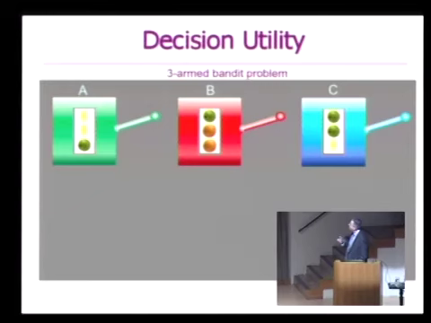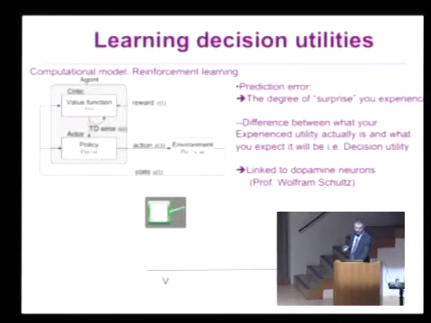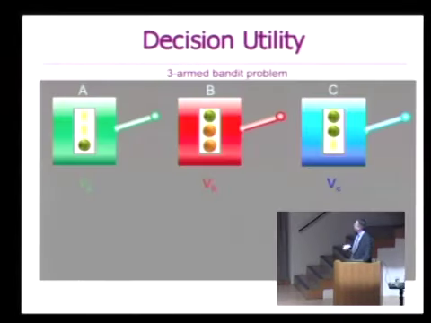Now let's start to think about how we can solve this problem, this bandit problem. So remember, we had these representations here. I'm calling them V, VA, VB, VC, which are just coding for the expected value, the expected utility for pursuing these different actions. So then the question is, how do we actually learn this expected utility?